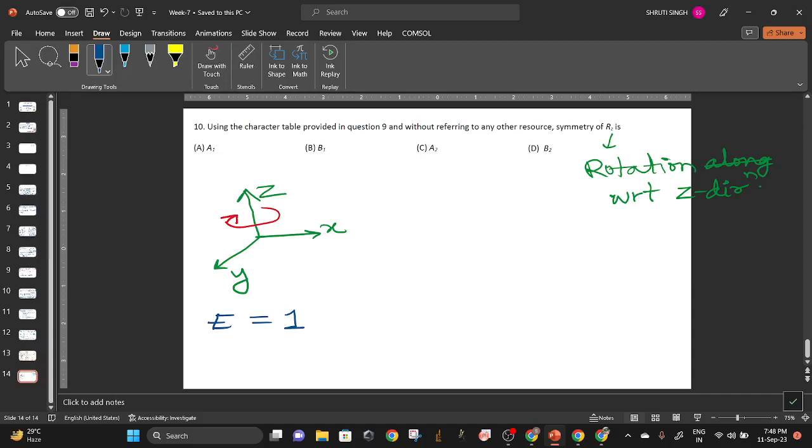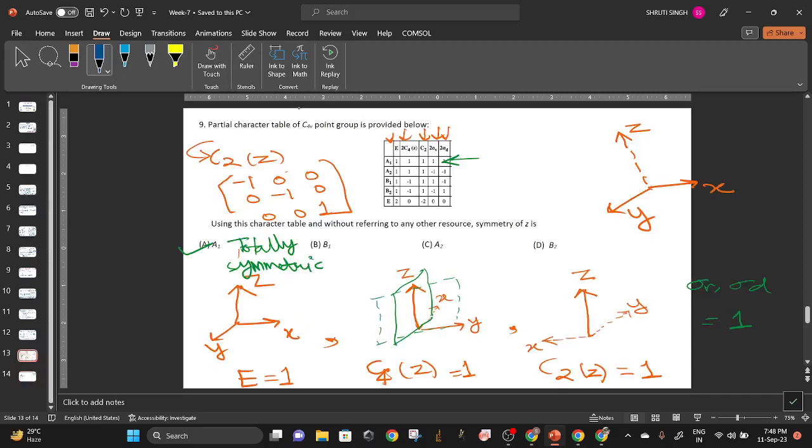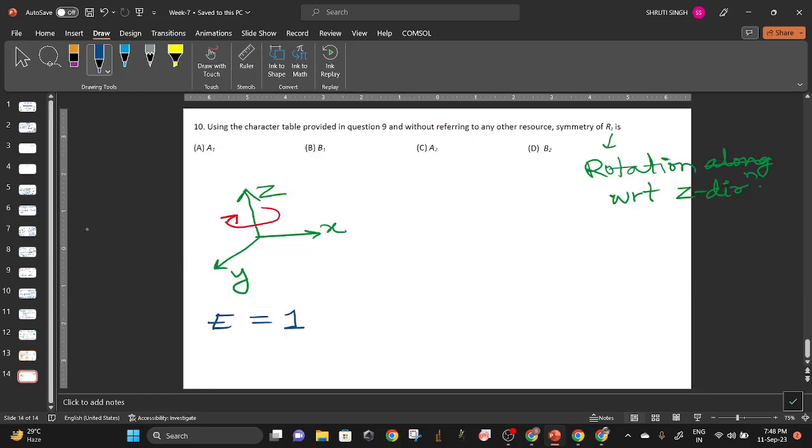Next, we need to work it out from the same character table. Both the questions are related. Next is C4. C4 means we need to rotate along this. If I'm rotating along this, how will this rotation vector change? I have to see this red curve, how it is going to change, not the green z-axis.